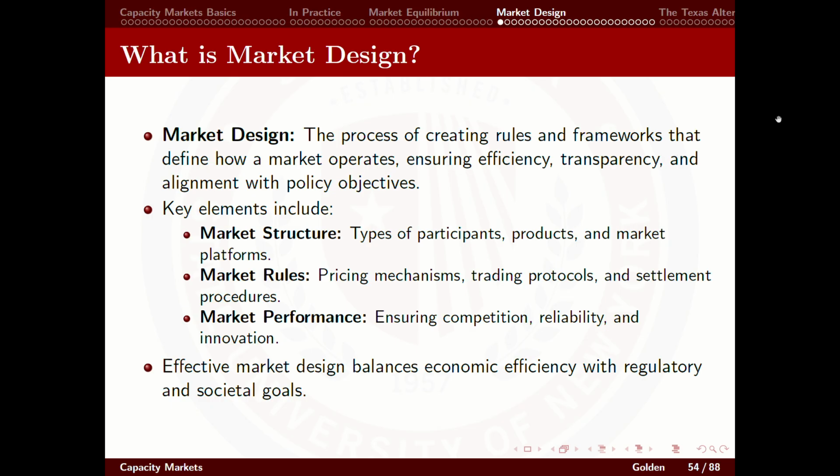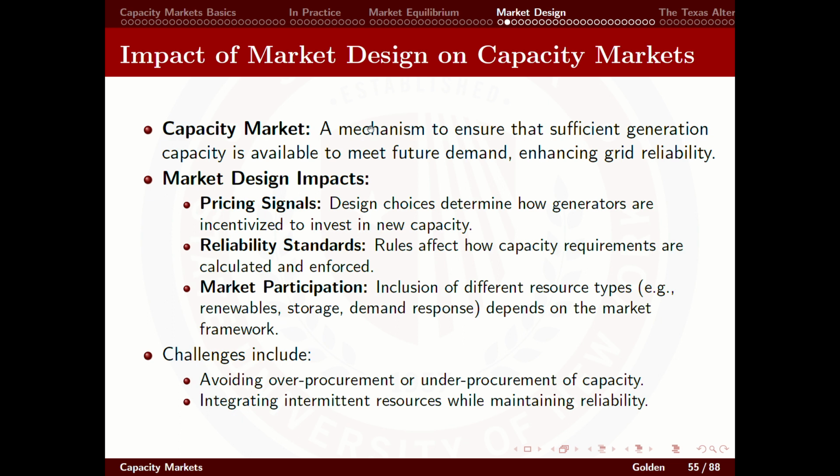So key elements include market structure, the types of participants allowed, products and market platforms, pricing mechanisms, trading protocols, and settlement procedures, and market performance, ensuring competition, reliability, and innovation.